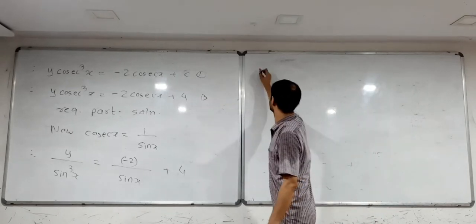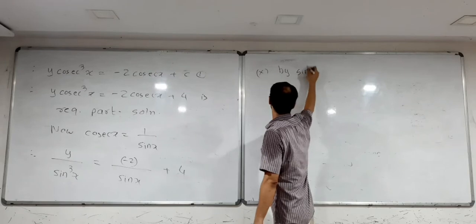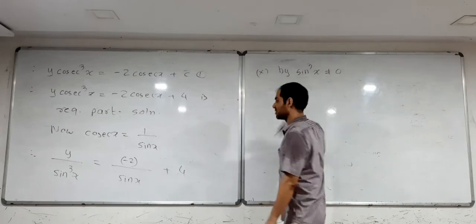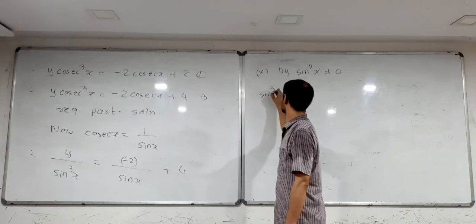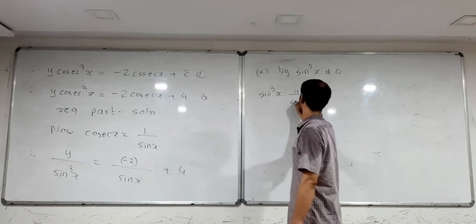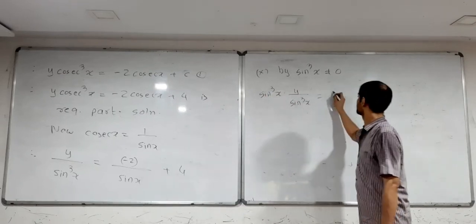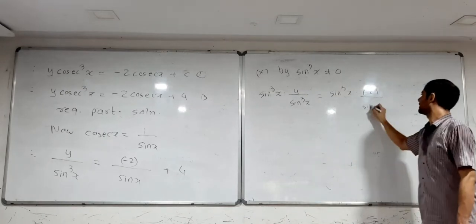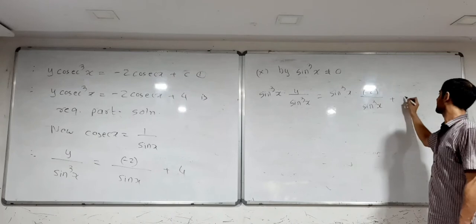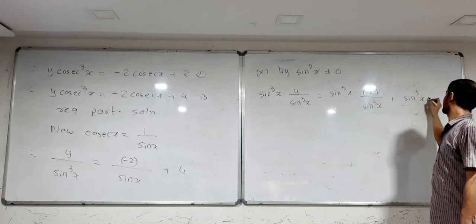मल्टीप्लाई बाय sin cube x which is not equal to 0, so we get sin cube x into y upon sin cube x which is equal to sin cube x into minus 2 upon sin cube x plus sin cube x into 4.